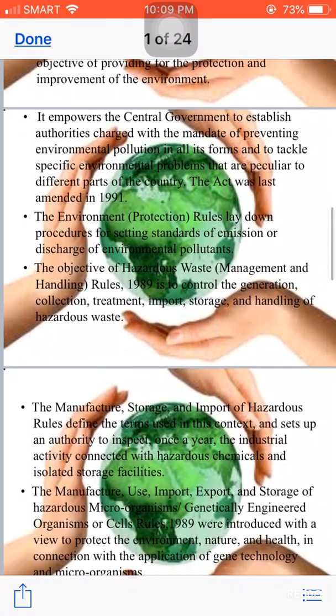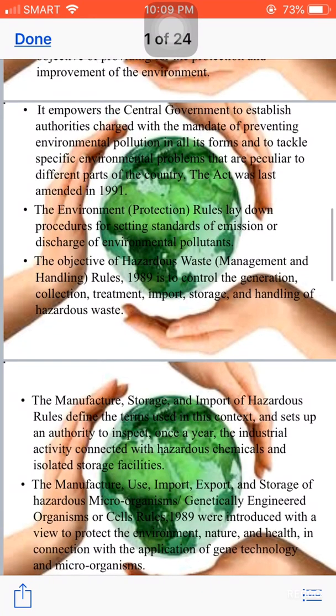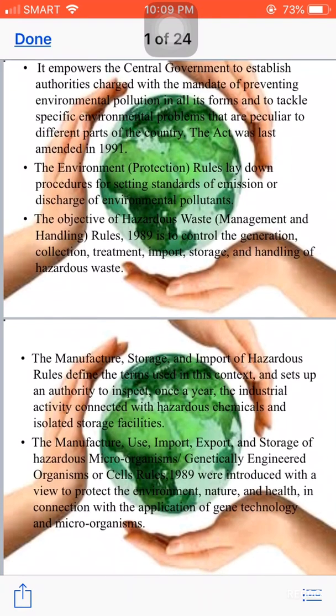It empowers the central government to establish authorities charged with the mandate of preventing environmental pollution in all its forms, and to tackle specific environmental problems that are peculiar to different parts of the country. The act was last amended in 1991.